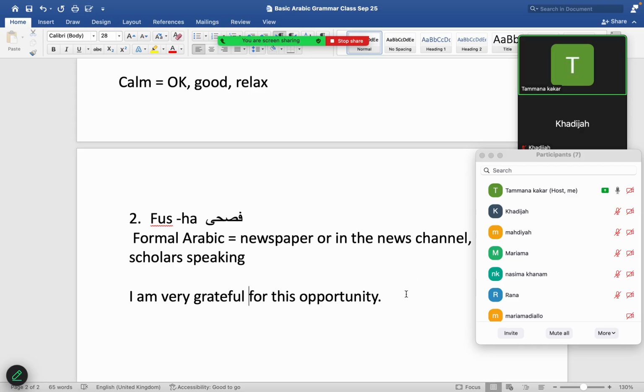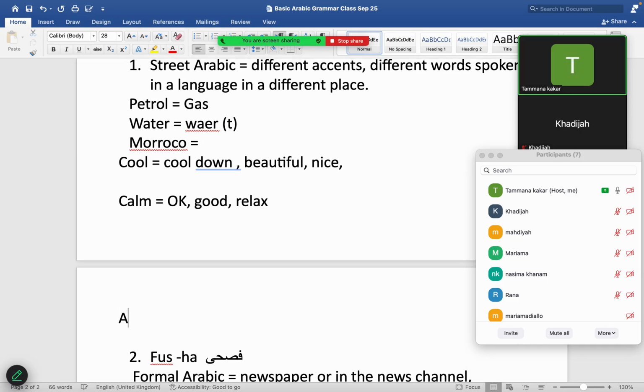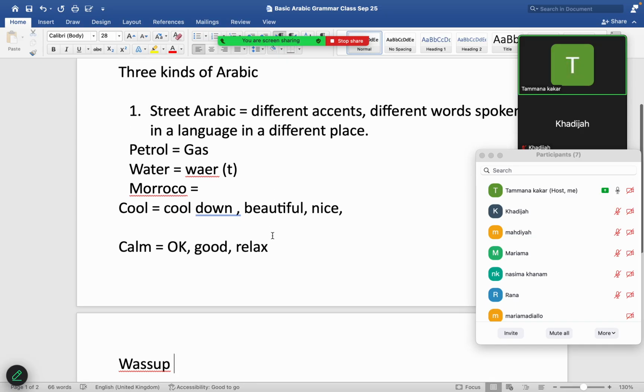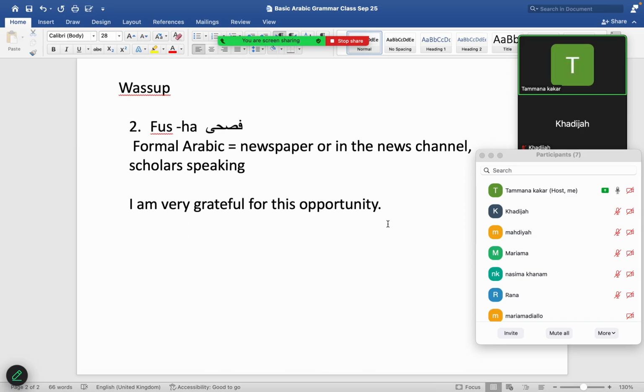So if we are talking about here, we are talking about what's up, right? So that is your street Arabic. This one is Fusha. Fusha is any Arabic which is in books.